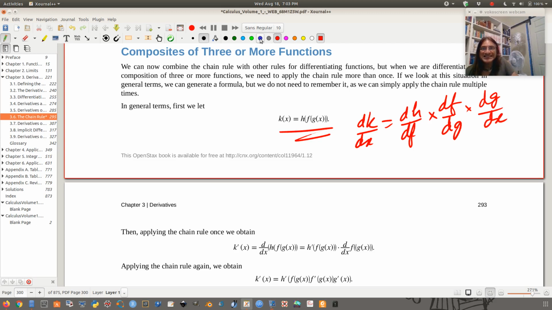What you can see is that this and this cancel, and it becomes dh over dx. I'm sorry, this is dk here, which is shown to be h here. Okay, k of x as a function of x is dh over df, df over dg, dg over dx. So just h to f, and then f to g, and then g to x. So 3 derivatives.